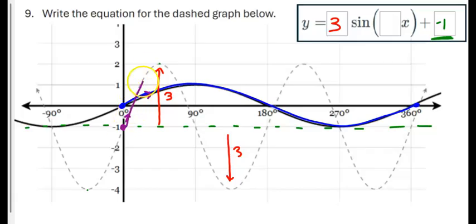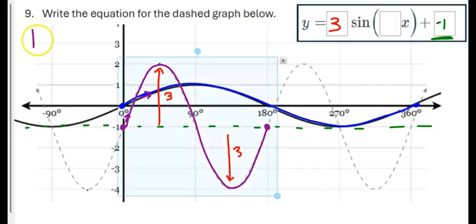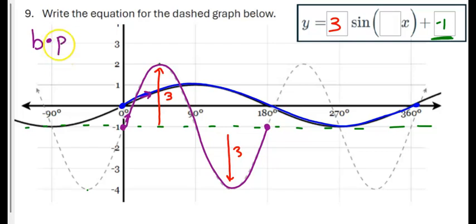And so for sine, the full period would be 180 degrees in this problem. The period is pi, 180 degrees. I need it to be 2 pi, so b has to be 2. 2 times pi is equal to 2 pi.